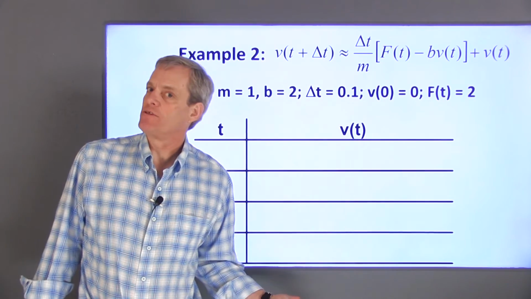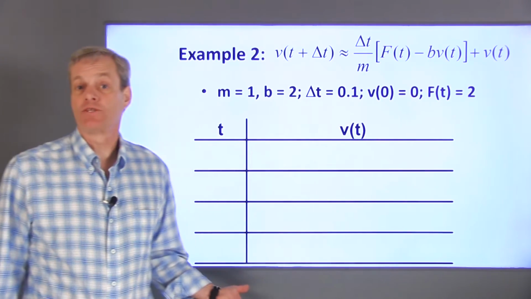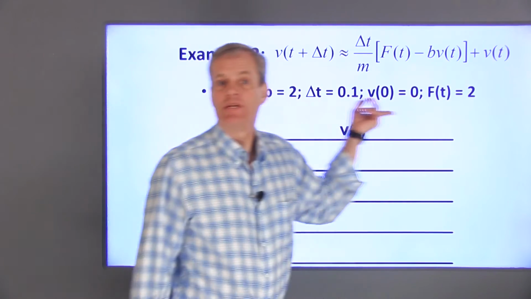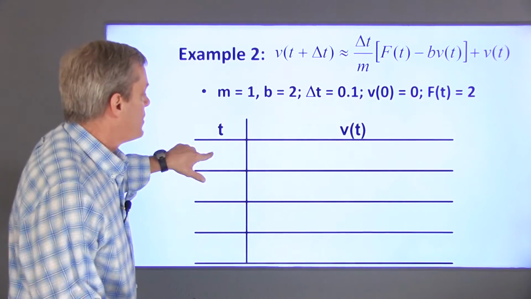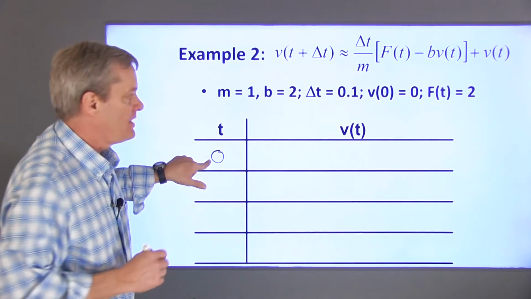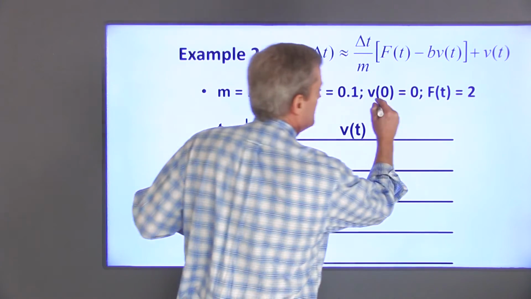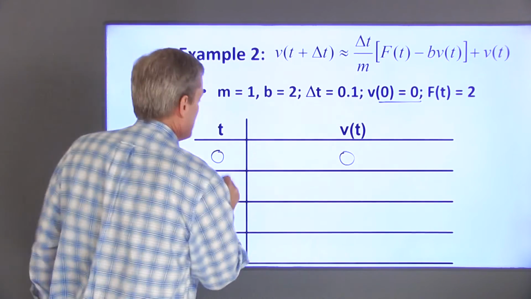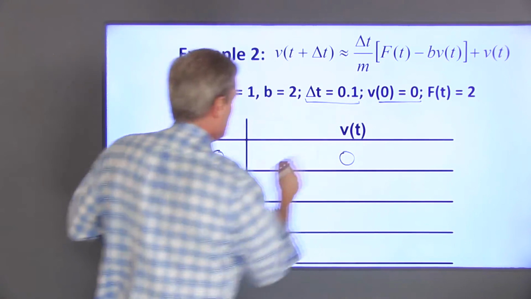This time, rather than doing the process graphically, I'm going to demonstrate the first few calculations. These are the parameters I'm going to use in this example. So the first time step is t equals 0, and my initial condition is v at t equals 0 is 0. Now at the next time step, I increase 0 by delta t.